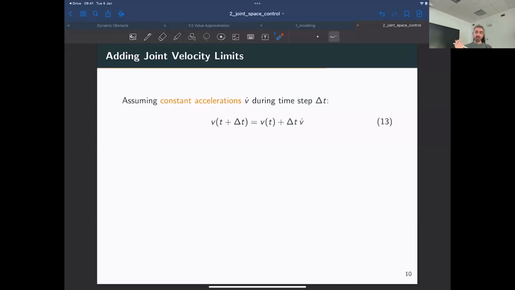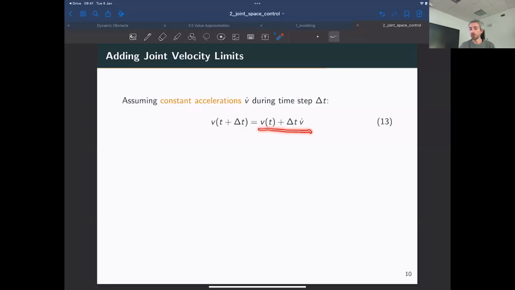This actually is quite easy to do, because I can simply put the constraint on the joint velocities in the future. So at time t plus delta t, where t is the current time and delta t is the period of my control loop. I can impose the constraint on the joint velocities that I will have at the next control loop, because I can express my next joint velocities with this approximated computation.